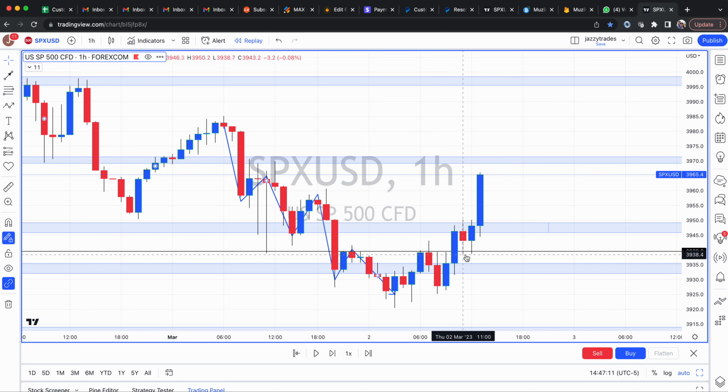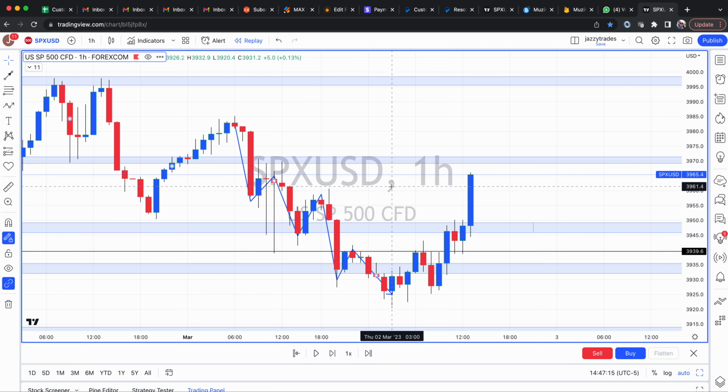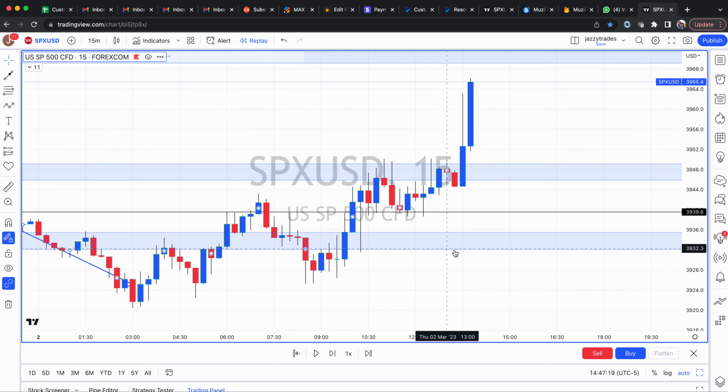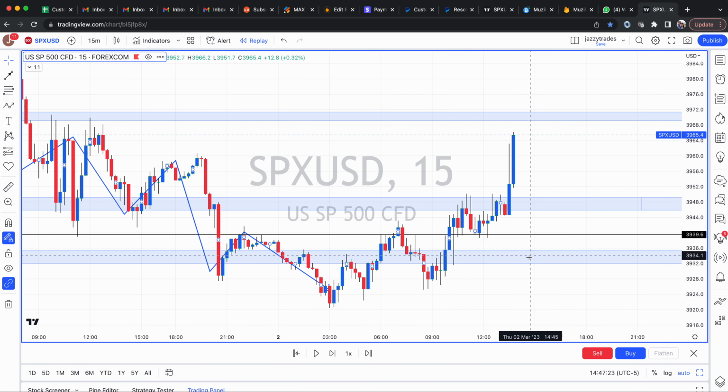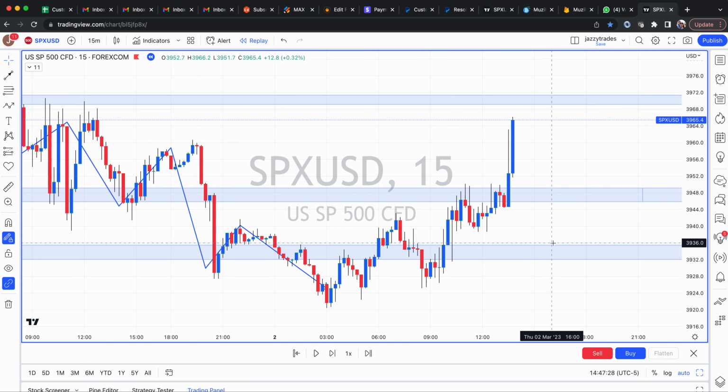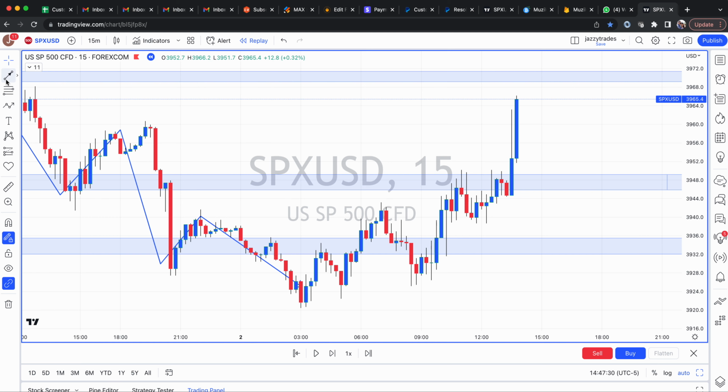Anyways, comes back down, retest, enter. Let's remember this zone here, 39.45. Here the entry that anyone could have caught was this candle, to go long.